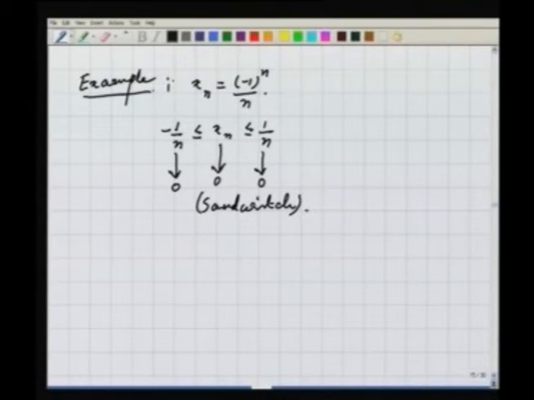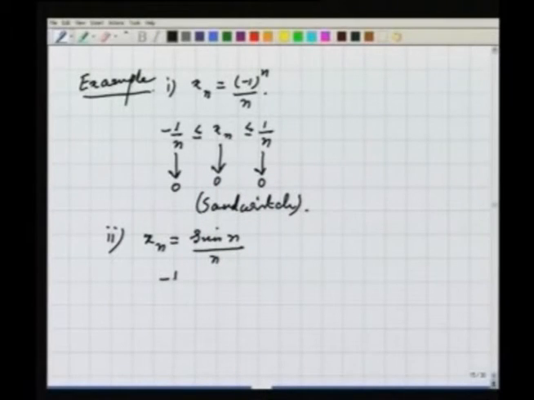Let us look at other examples. I take xn equals sine of n by n. If you just look at this sequence, it might seem complicated to guess the limit. Well, that is really simple, and that follows from the sandwich theorem.